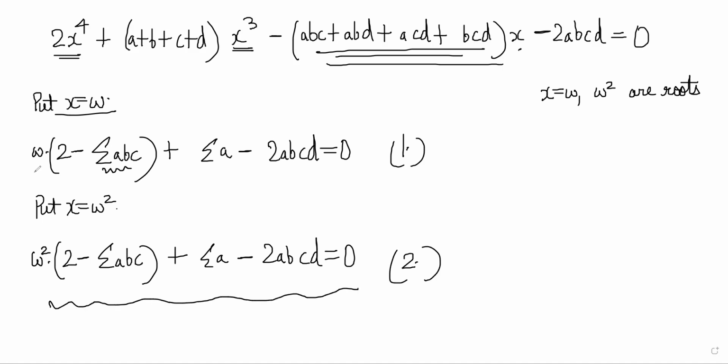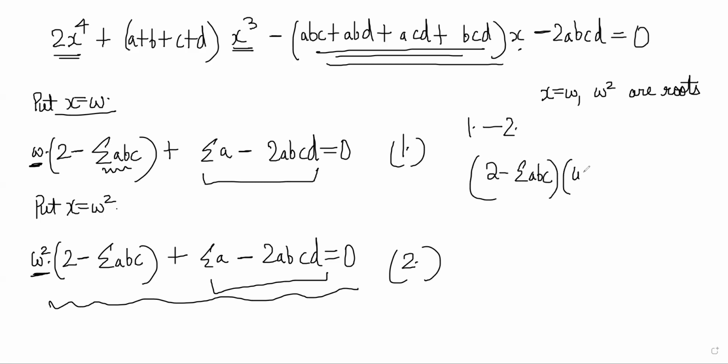So the equations are very similar, except here there is a w and here there is a w square. So what we'll do is we'll subtract 1 minus 2 in order to cancel out this stuff, which is common. So when you do 1 minus 2, you end up getting 2 minus summation abc times w minus w square equals 0.